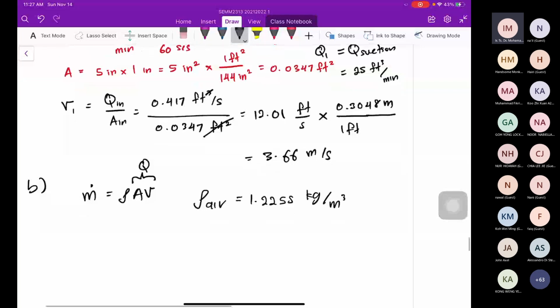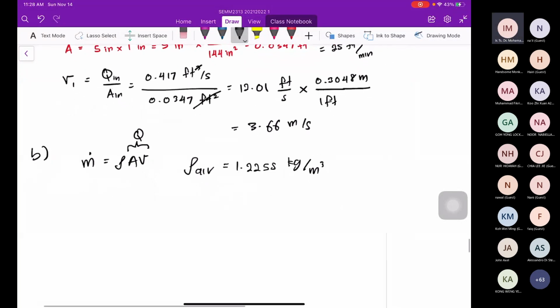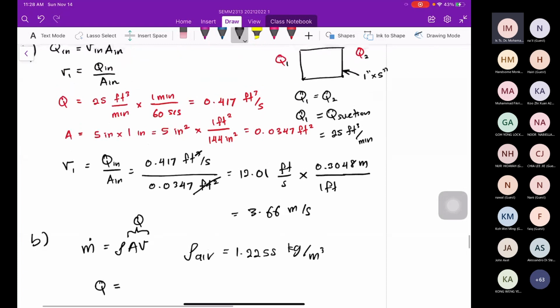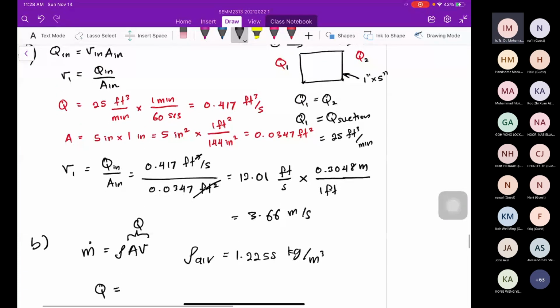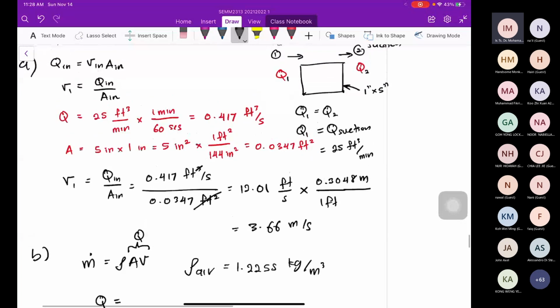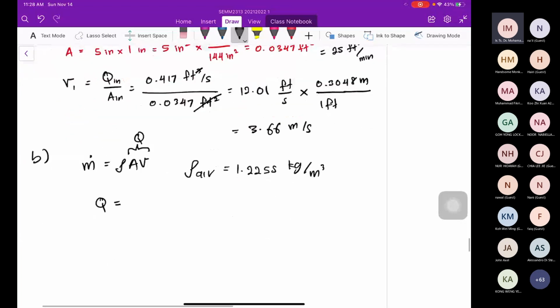So, why do you need the density of air? Because the formula requires it. Density multiplied with Q. My Q here is A multiplied with velocity.